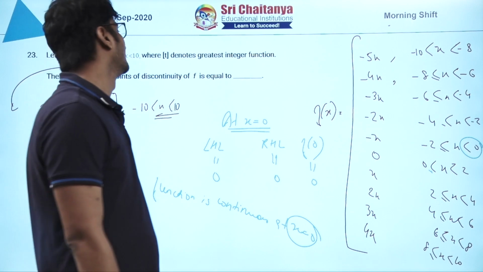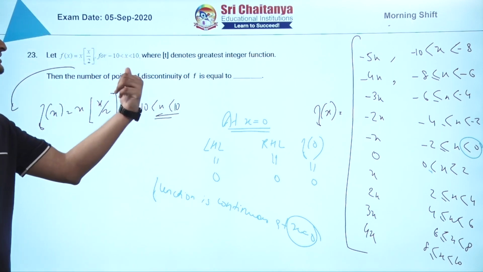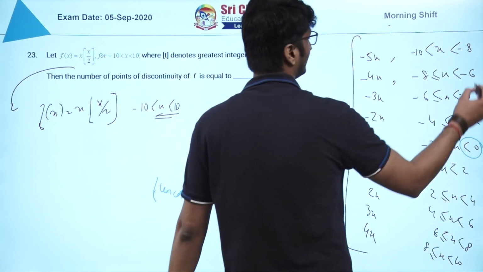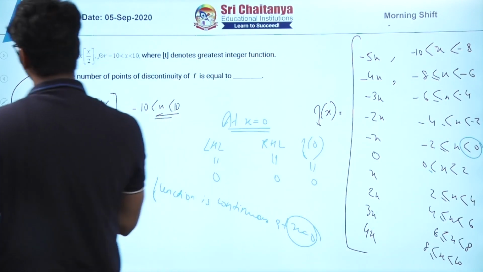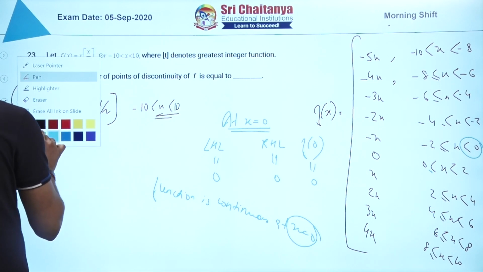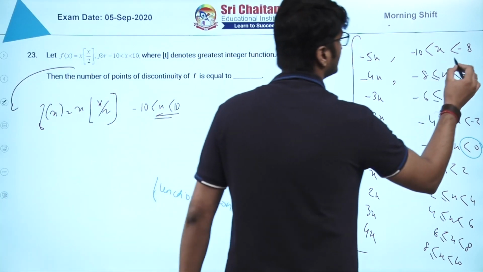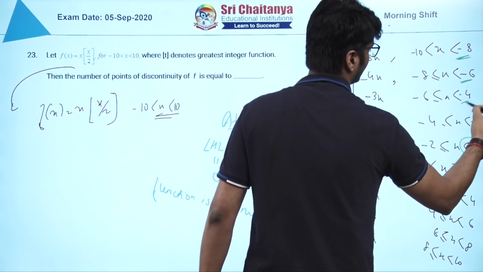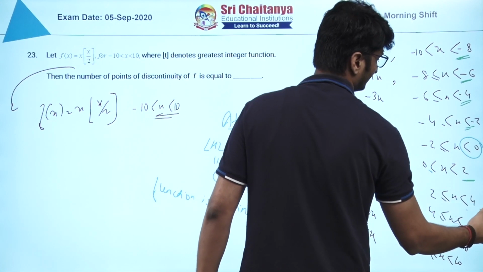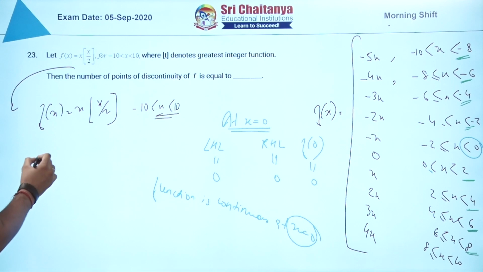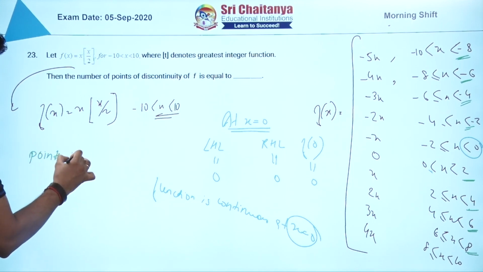So, what is the number of points? They are asking us to find the number of points where the function is discontinuous. Let us see from -10 to 10. So, let me count the number. I am using again a different color pen. So how many points have you got? So 8 points. These are the points of discontinuity.